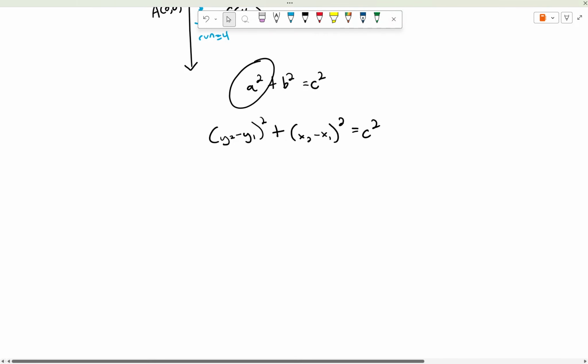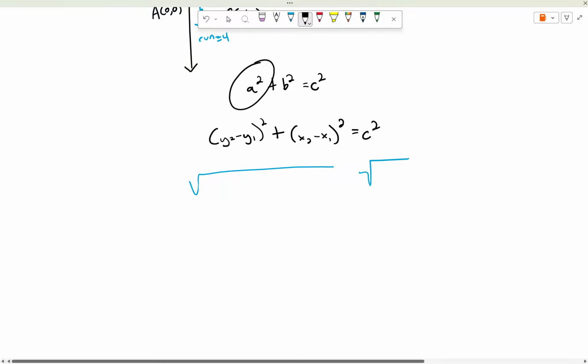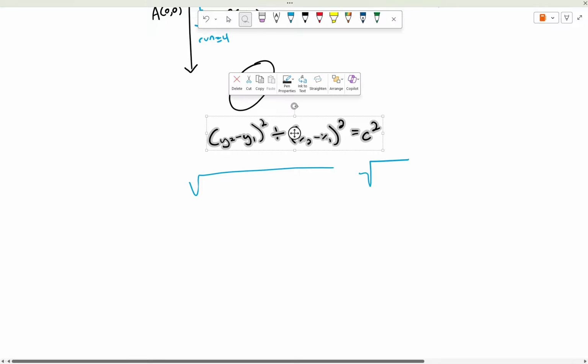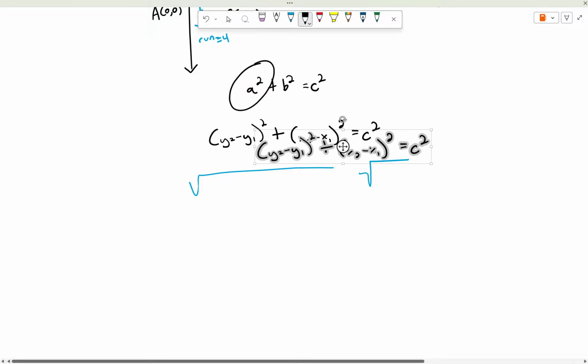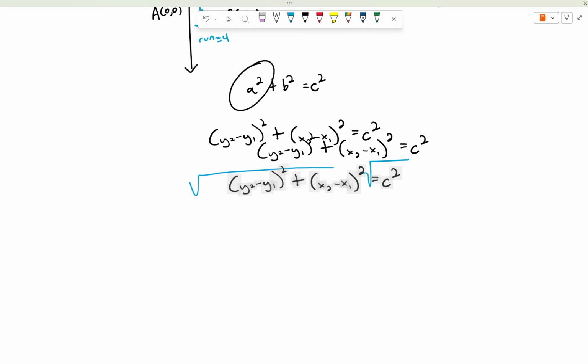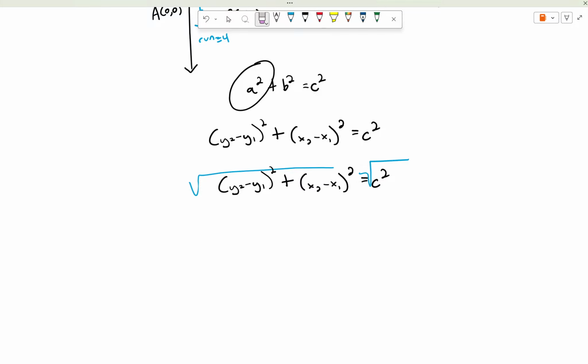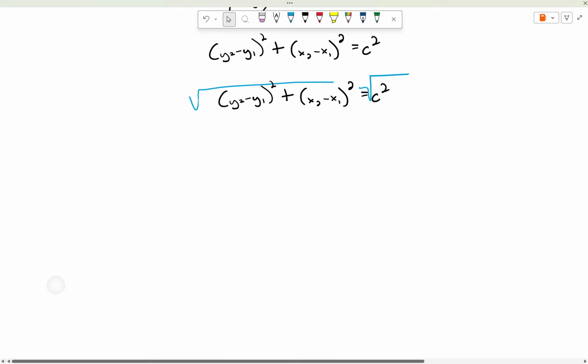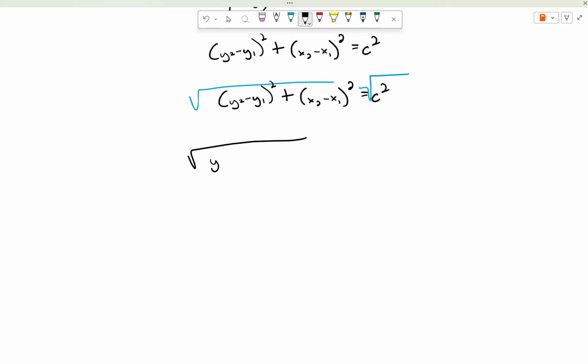Now, if I'm going to solve for c, I'm going to have to take a square root on both sides. So it's my square root. Okay. So this entire left side, square root of y sub 2 minus y sub 1 squared plus x sub 2 minus x sub 1 squared.